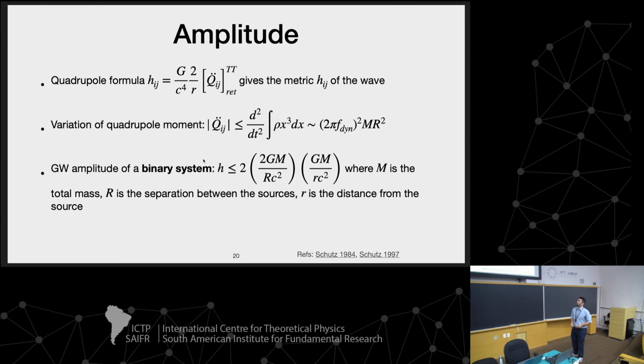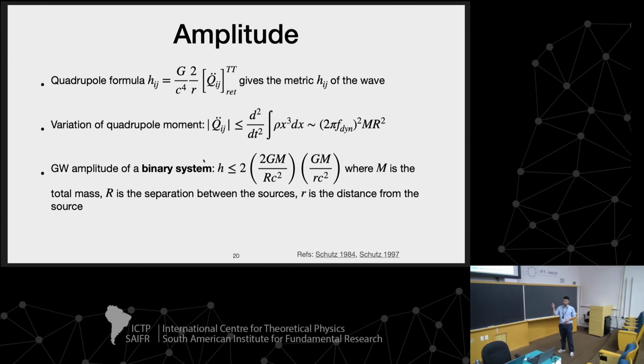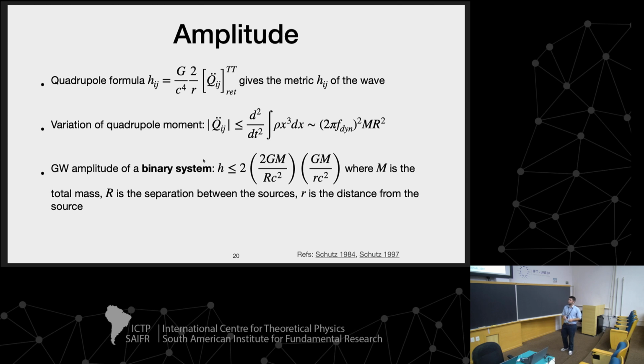Amplitude, to understand amplitude, we can look at the quadrupole formula, the first one I put in the bullet points, also called the Einstein quadrupole formula, where you already see that the amplitude depends as 1 over r, and r is the distance. This is what I already said. And then you have Qij, that is the quadrupole moment, the variation of the quadrupole moment.